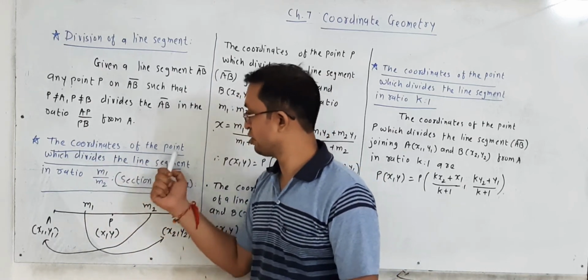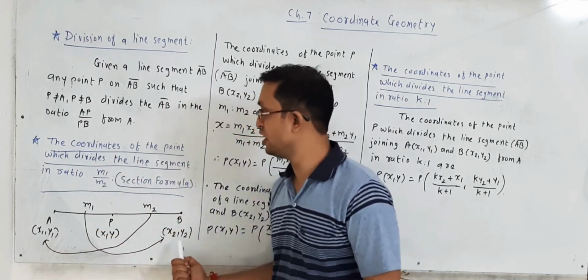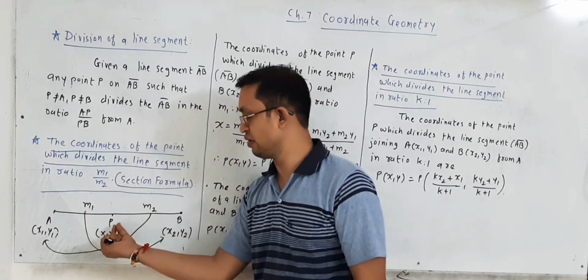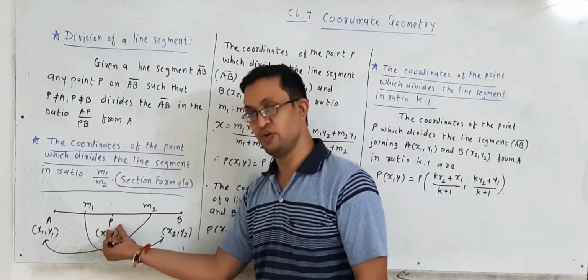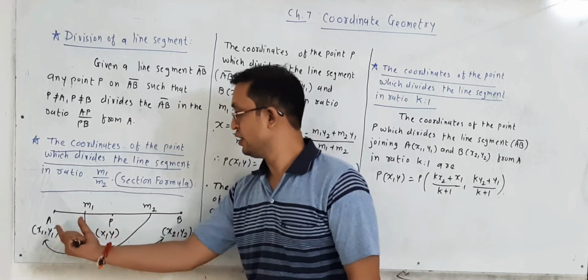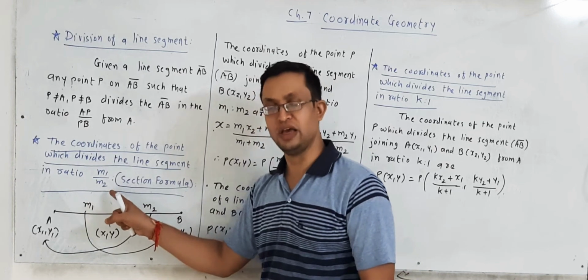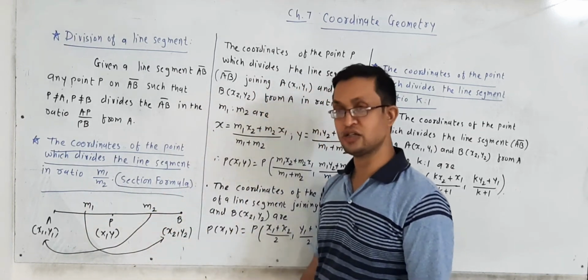Therefore, the coordinates of the point P which divides the line segment in the ratio m1 to m2, that is the section formula.